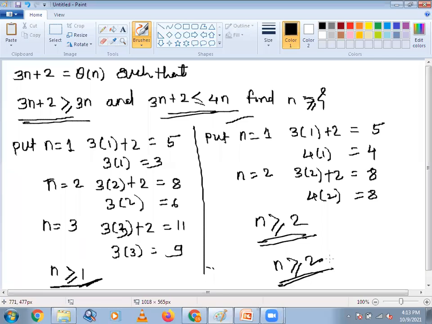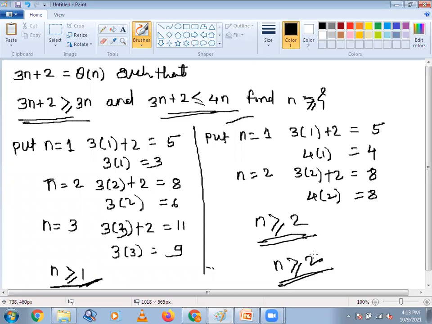Okay. In the previous situation of big omega or big OH notation, there is only one condition.